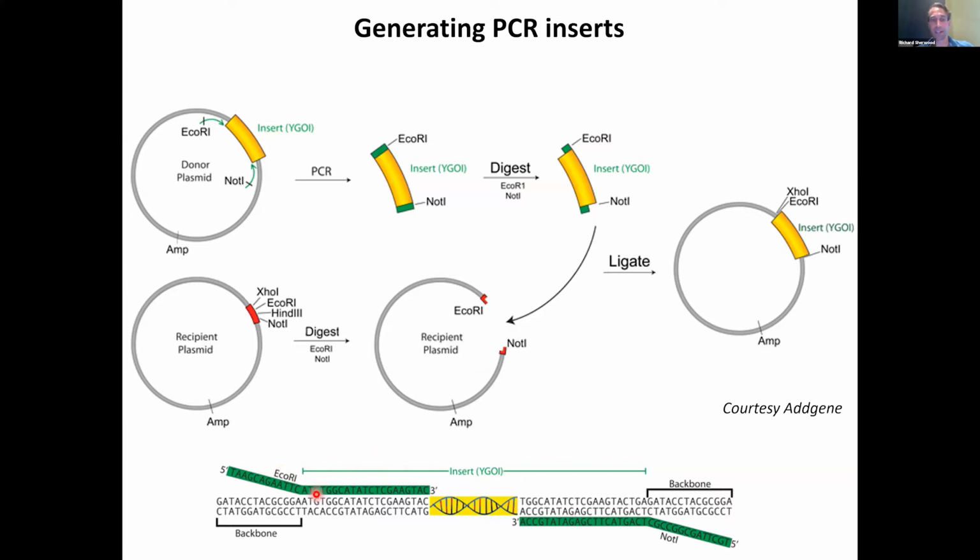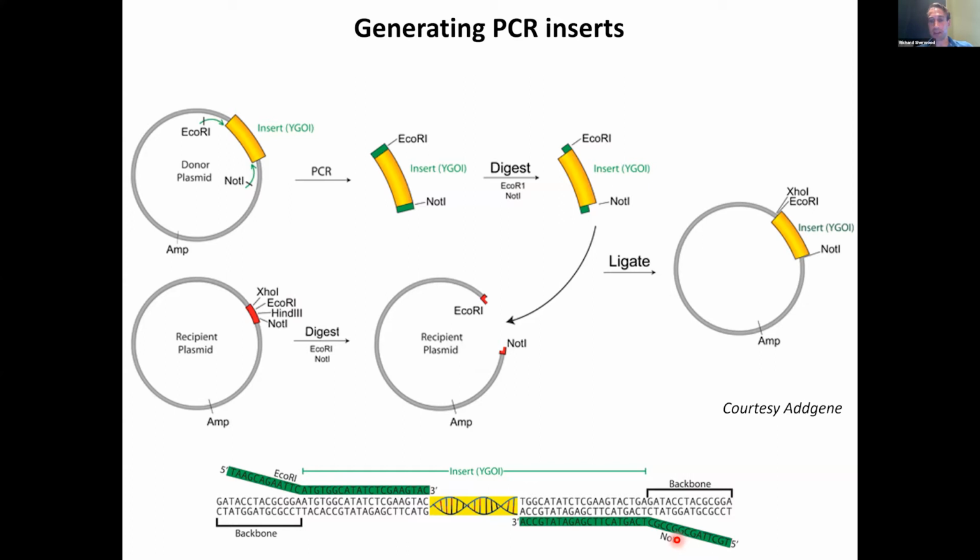The way that is done is you have a primer sequence, which will allow you to specifically amplify whatever you want. And then you add a tail on that sequence that is not complementary to the sequence in your donor plasmid, but has this restriction enzyme site on it. And you do that with the other restriction enzyme site on the 3' end.